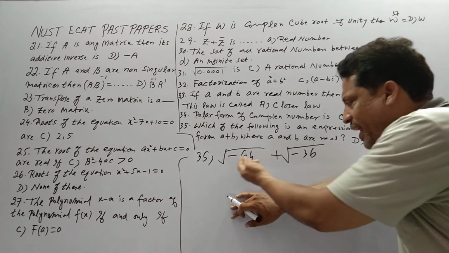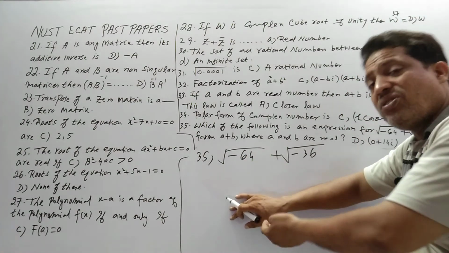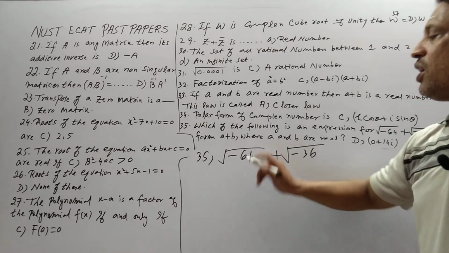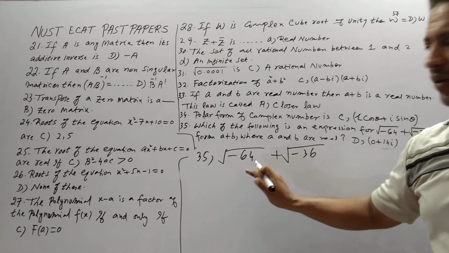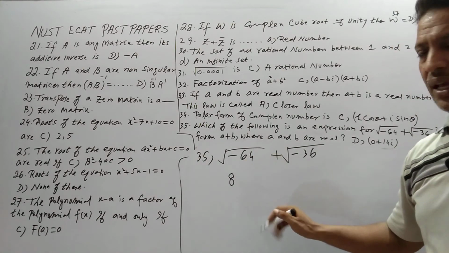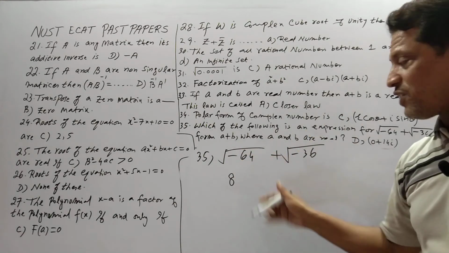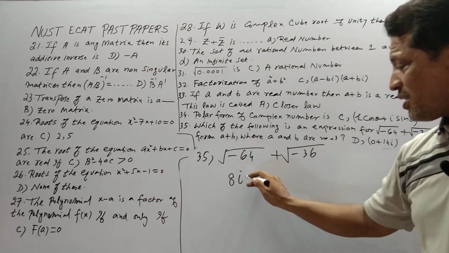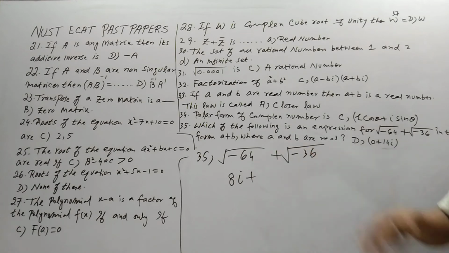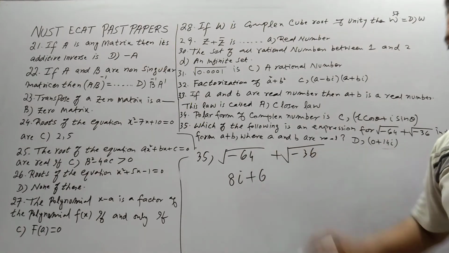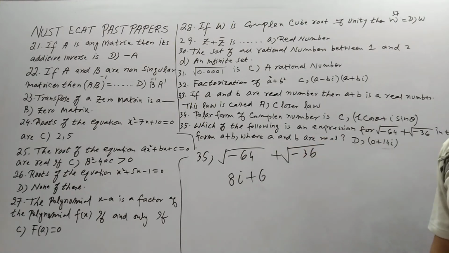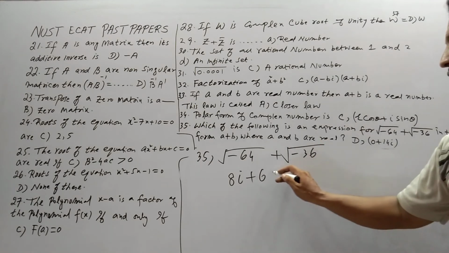If we take the negative sign outside the root, it becomes iota. What is the square root of 64? 8. And what is the square root of minus 1? Iota. Similarly, plus, what is the square root of 36? 6. And what is the square root of minus 1? Iota.